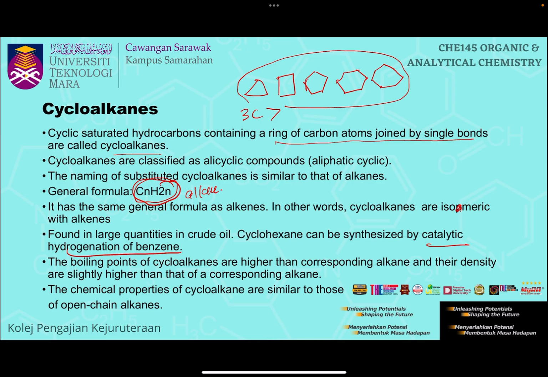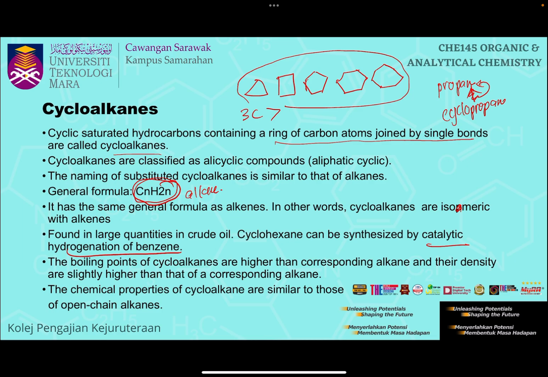So the boiling points of cycloalkanes are higher than the corresponding alkanes, and the densities are slightly higher than those of the corresponding alkanes. So what do we mean by corresponding? Propane, for example. Propane and cyclopropane. In terms of boiling point, cyclopropane would be higher compared to propane itself, meaning the straight chain.